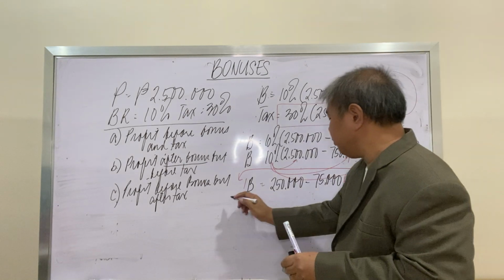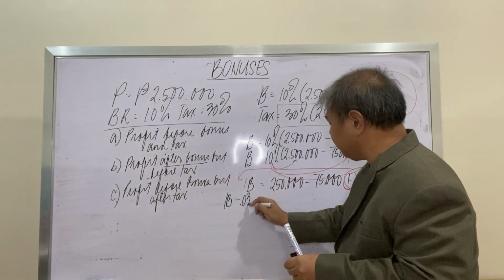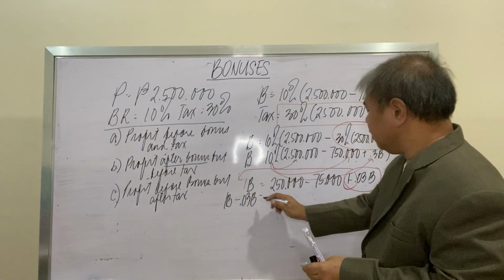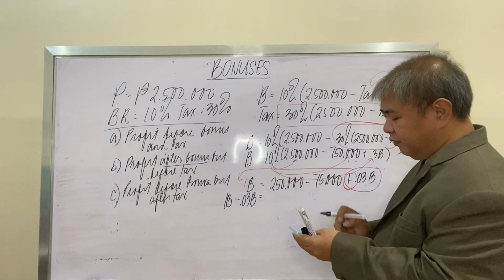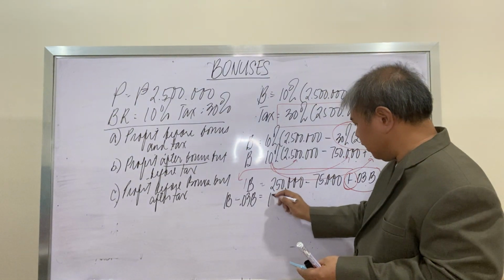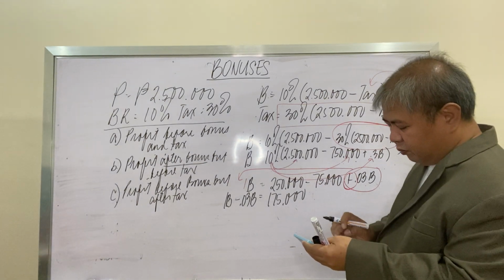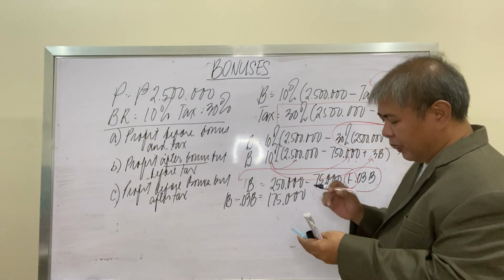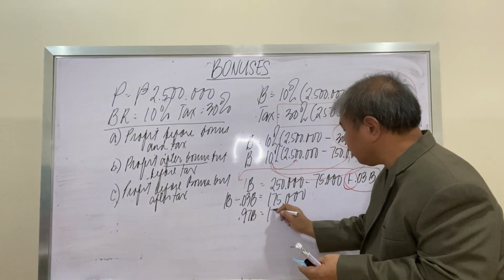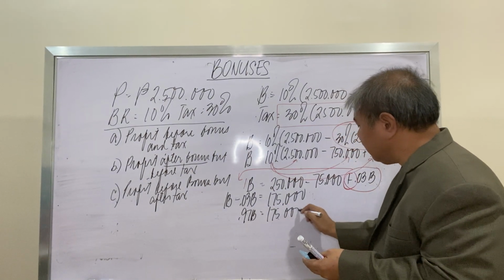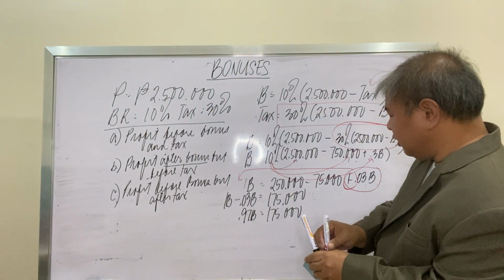So that would be 1B minus 0.03 of B is equal to 250 minus 75, that's 175,000. So therefore, 1 minus 0.03, that would be 0.97 of B is equal to 175,000.